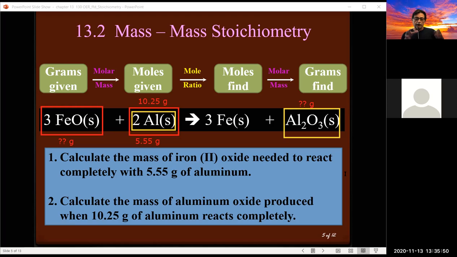And so now I know just by marking the equation and knowing which reactants and products I'm working with, and now what I'm given, I can start setting up my solution.